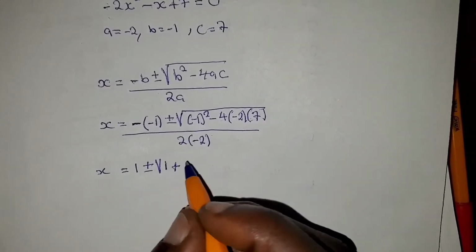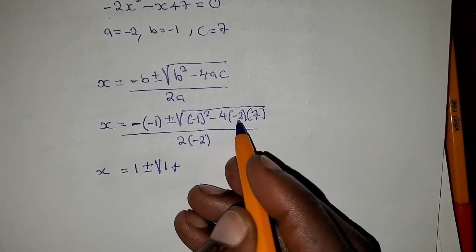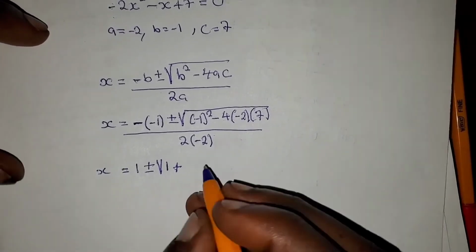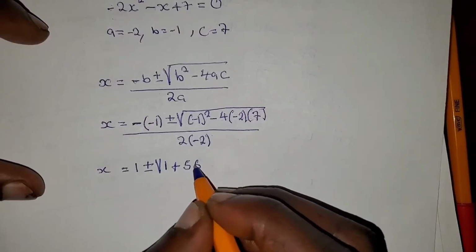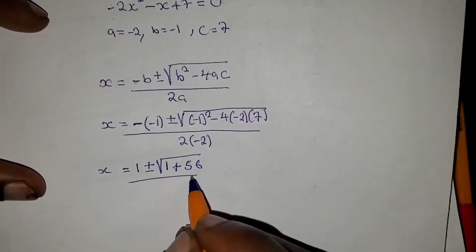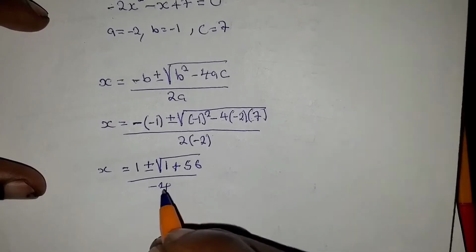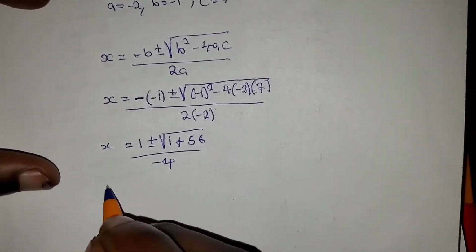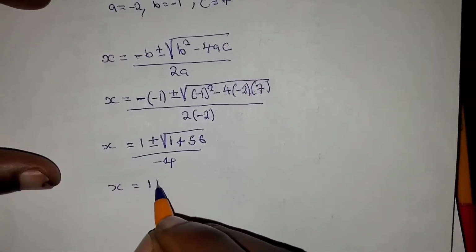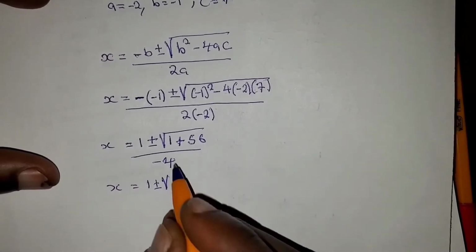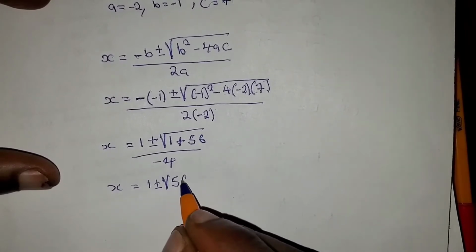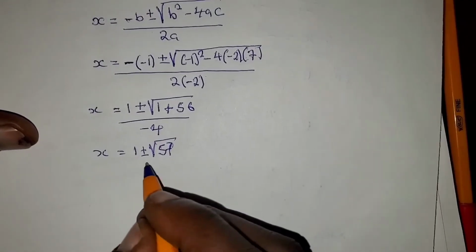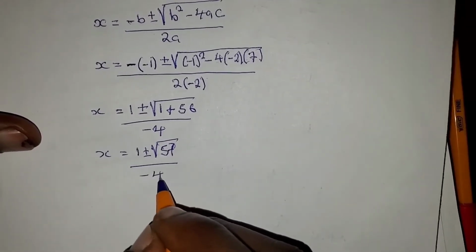So here you can just write 1. 4 times 2 is 8. 8 times 7 is 56. 2 times -2 is just -4. Alright, so you can add inside there. So x is going to be 1 plus or minus the square root of 1 plus 56 is 57, over -4.